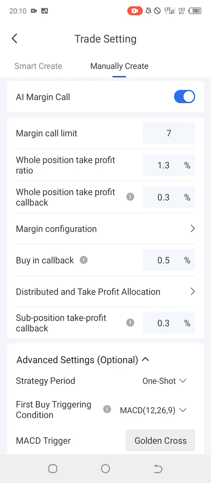Try your best and extend your margin calls or trade one shot trades with minimum capital of 50, 70, 80 frequently, and you are going to have a good trade experience.